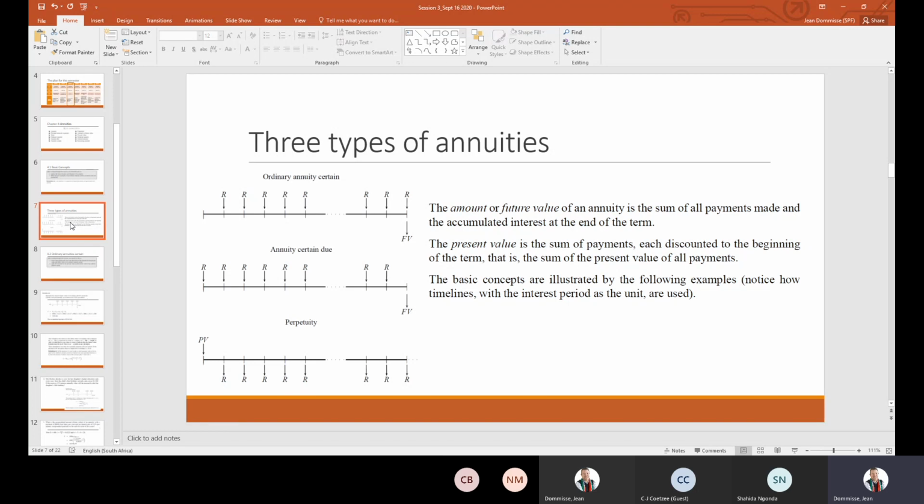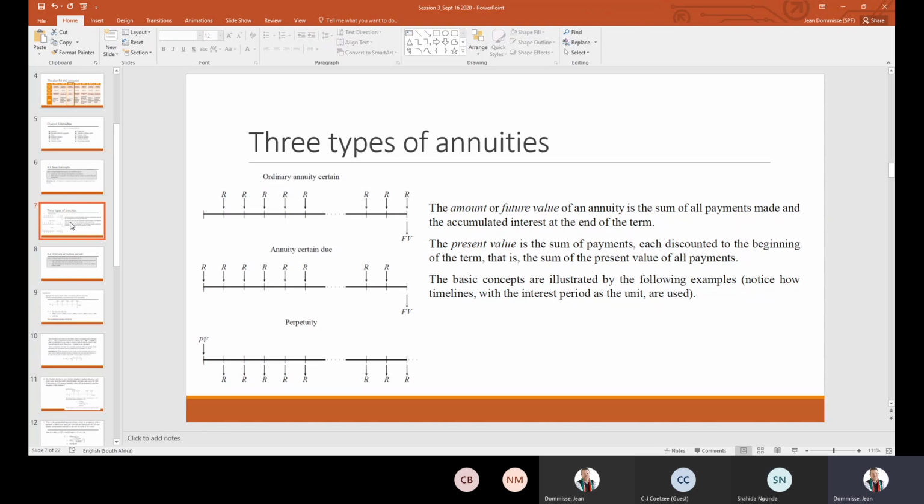And then the other one is what they call, and how to pronounce it, perpetuity. You have an amount that will pay out a monthly amount.